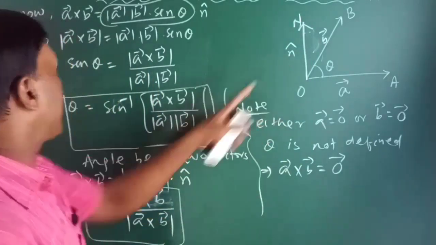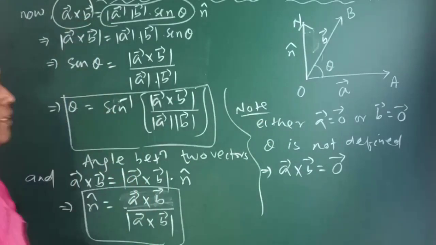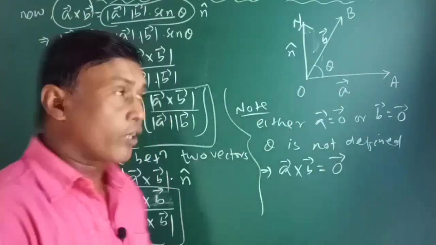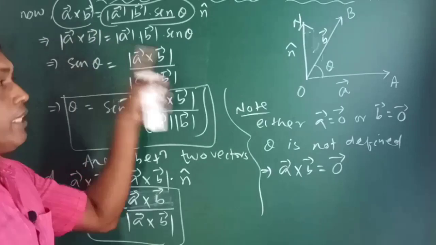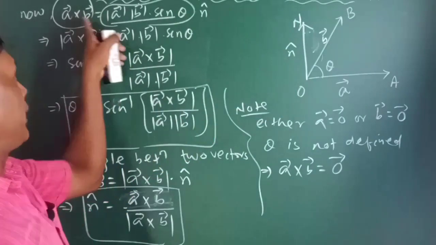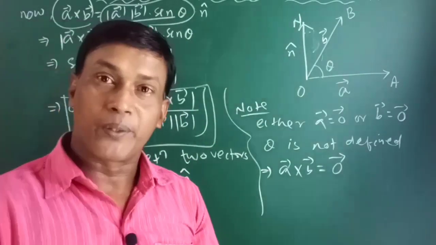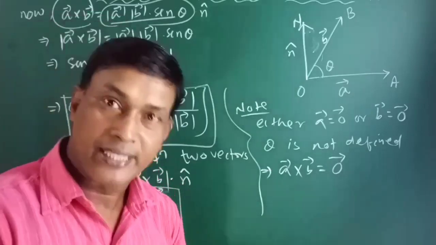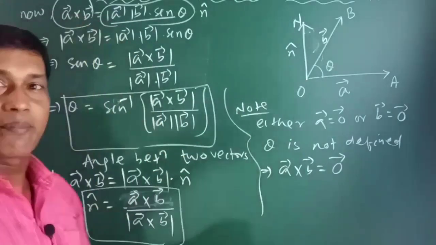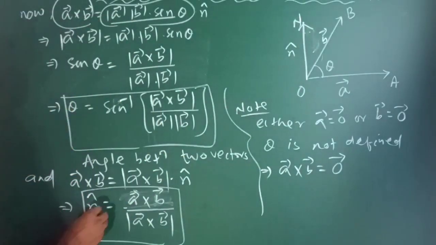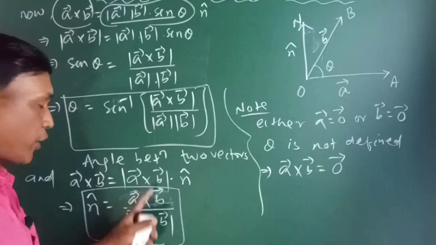Direction means the unit vector along A cross B, and we know the formula for a unit vector is the vector by its magnitude. N cap is the vector A cross B by magnitude of A cross B. This is the unit vector of A cross B.